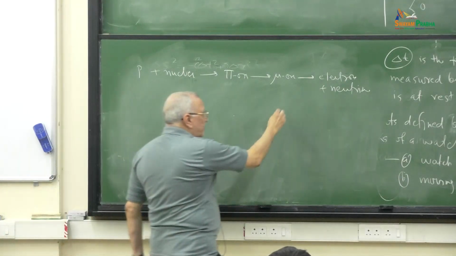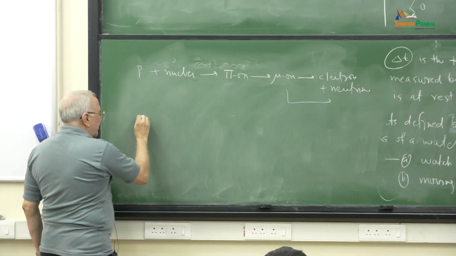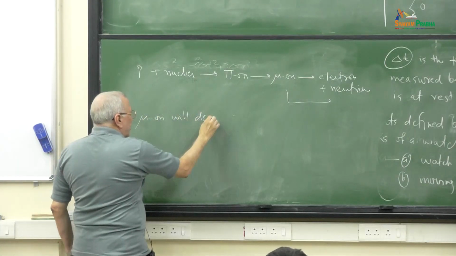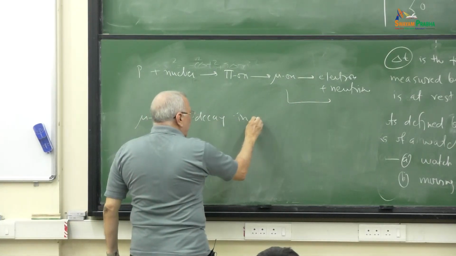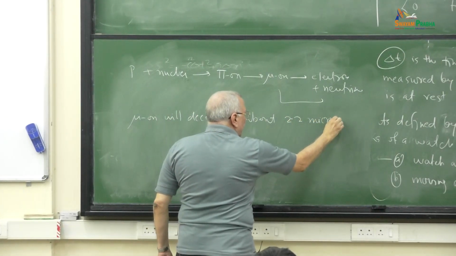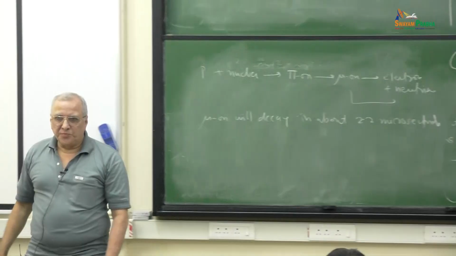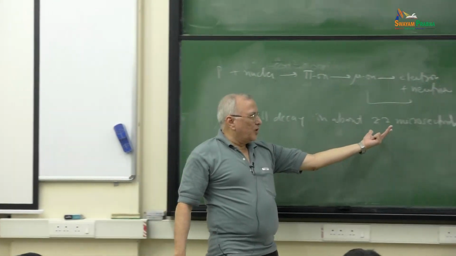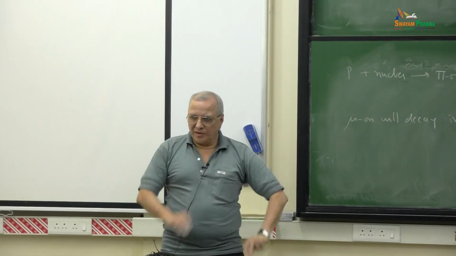It is this process which has the property that on an average a muon will decay, that means the muon will get converted to an electron or whatever it is, in about 2.2 microseconds. This is something that you do experiments in the lab and see. There are a few subtleties here, but let me gloss over those. So, this number, 2.2 microseconds, is called the average lifetime of a muon at rest. That is what you see in the lab.